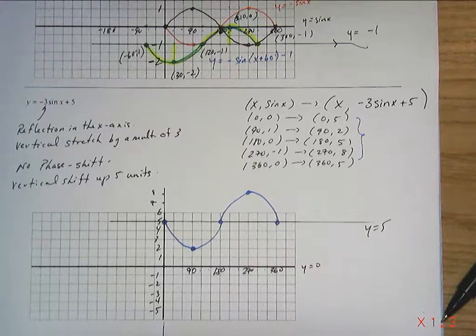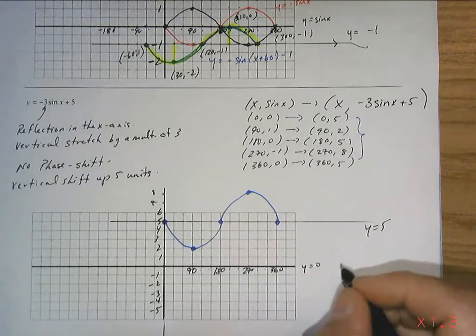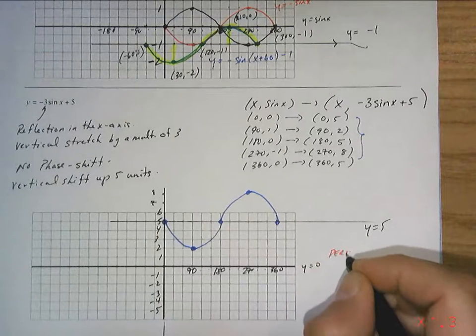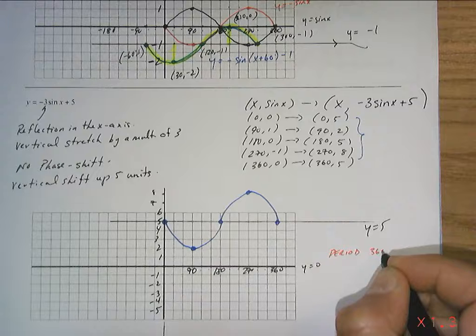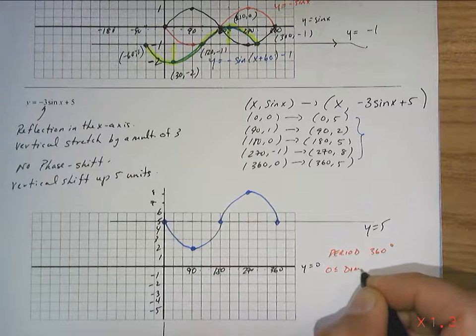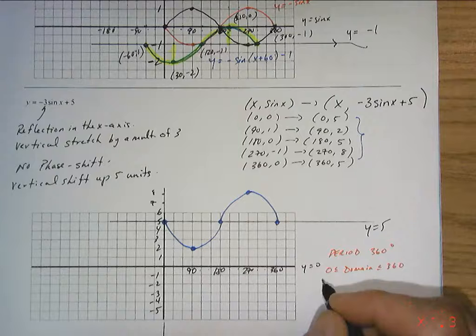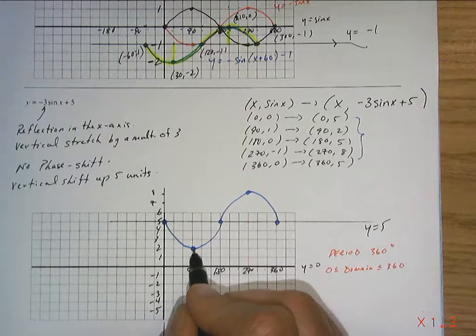You don't have to do the other two. We can answer all the questions that we need to answer. So what's the period? Well, the period's going from 0 to 360. So the period is 360 degrees. What's the domain? Domain is going from 0 to 360. What's the range? The lowest one in the range is 2.